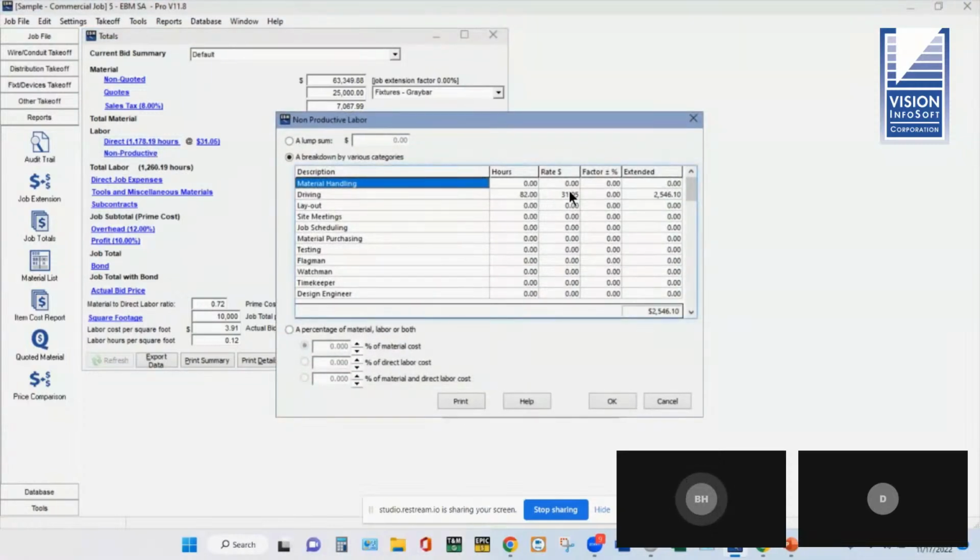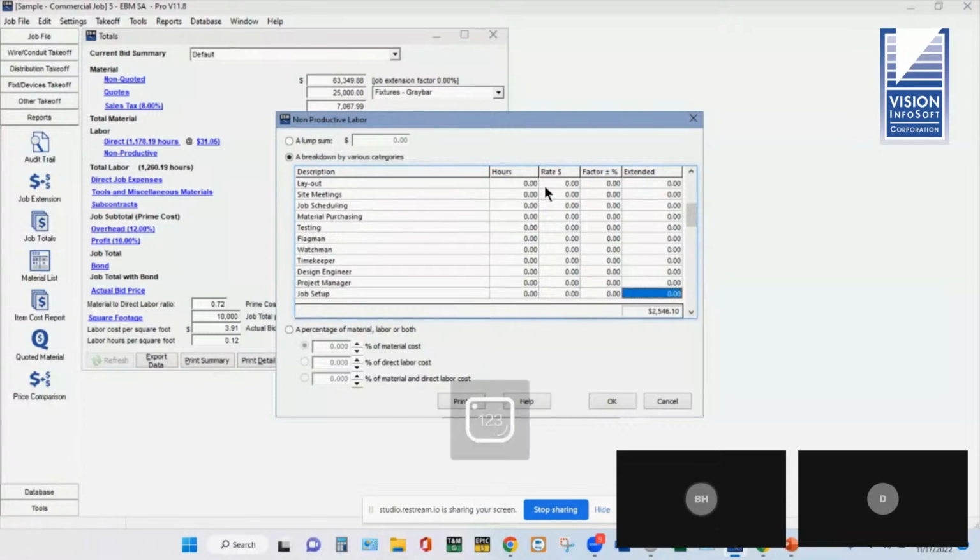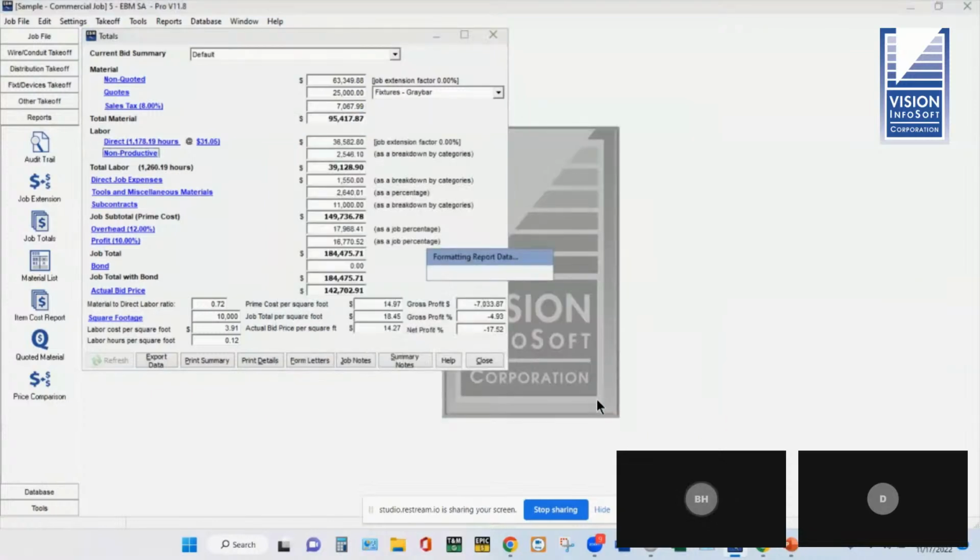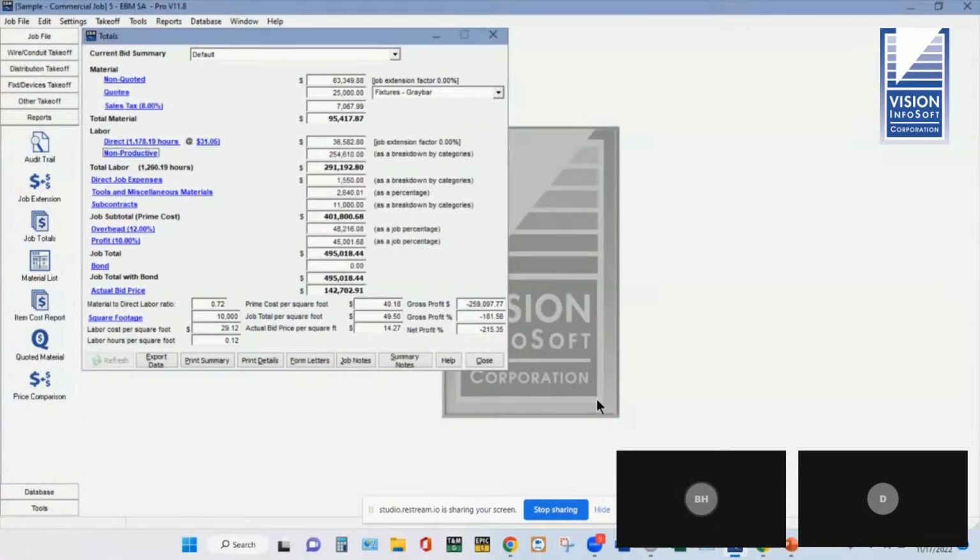And when he plugged in the hourly rate here, he forgot the decimal point. Instead of 31.05, he had 3105. And so his bid was just totally out of whack there, just by doing the one thing. So you got to be careful that the decimal point is in the right place.